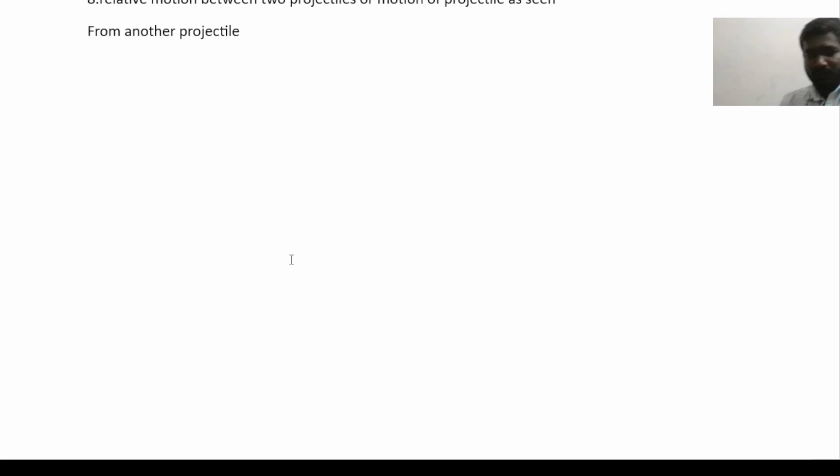Next one, relative motion between two projectiles. Let us take this as the horizontal ground. Now here you can see two different projectiles sent from the point of projection.